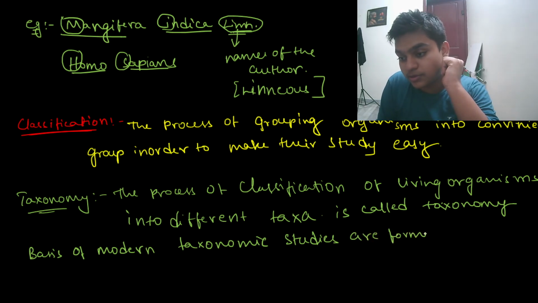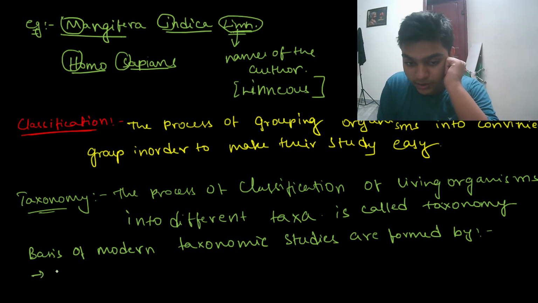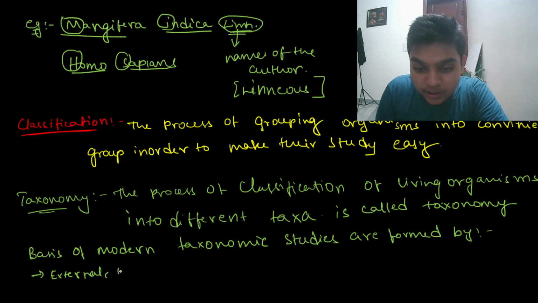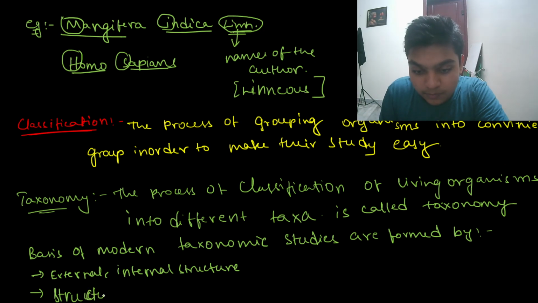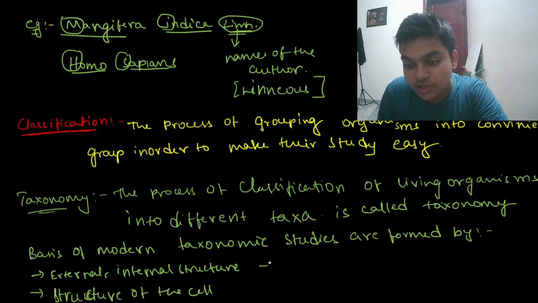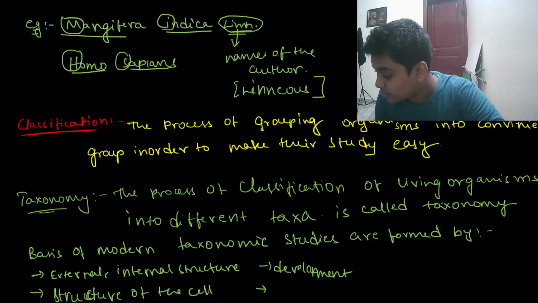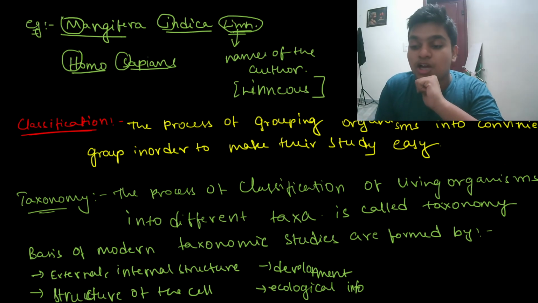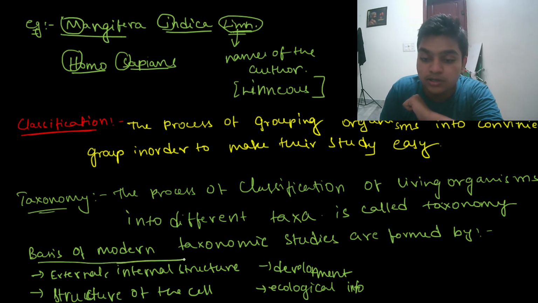are formed by this list I'm giving you here: external and internal structure, structure of the cell, development, ecological information of the organisms are essential in order to form the basis of modern taxonomy.